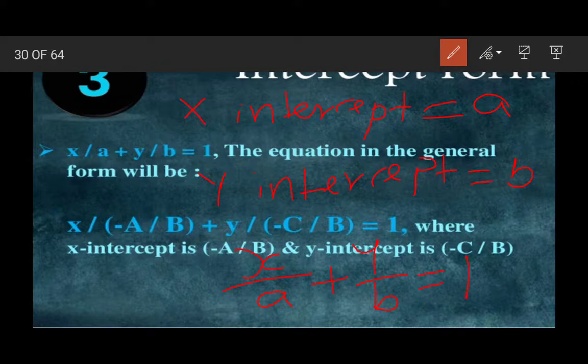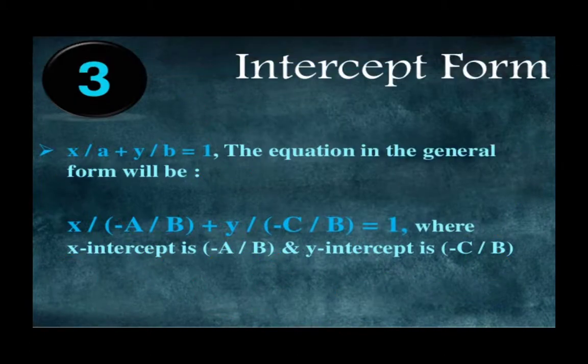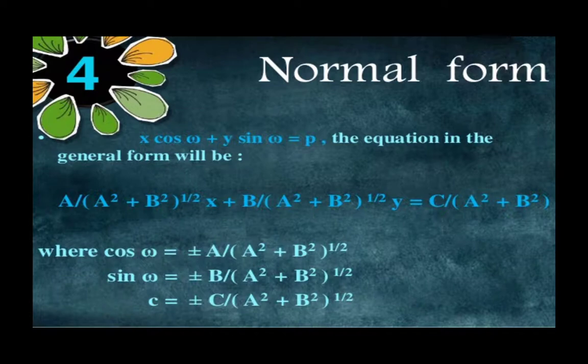This is the equation of a line. If both intercepts are given, like this point is a and this point is b, the x-intercept is a and the y-intercept is b, then the equation of the line will be x upon a plus y upon b. Then the last one is the normal form.